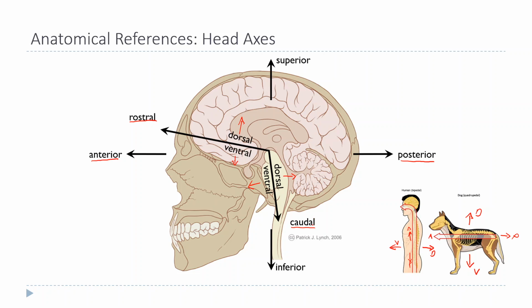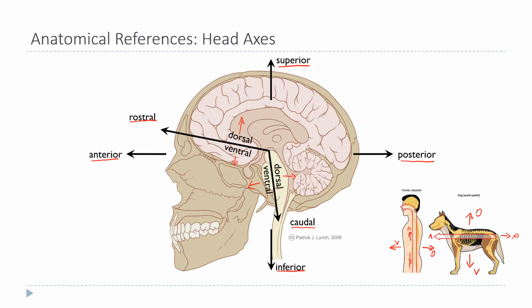Also with humans and sometimes in other animals, we use the terms superior and inferior. Often this axis doesn't change, so superior pretty much always means above and inferior means below. So that's true even if you're in the head or the body. One thing to point out is that these are all relative terms.